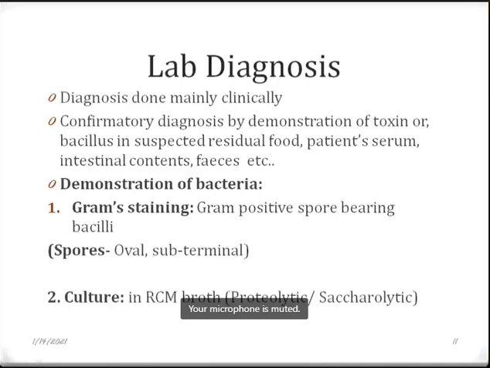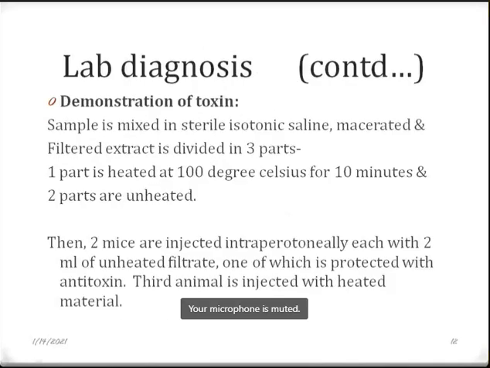Other method for lab diagnosis of botulism is demonstration of toxin. First, we have to take a sample, that is residual food, vomit, whatever it may be. That sample is mixed in sterile isotonic saline, macerated, mixed, and filtered.